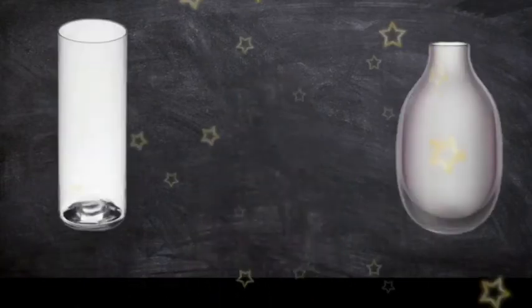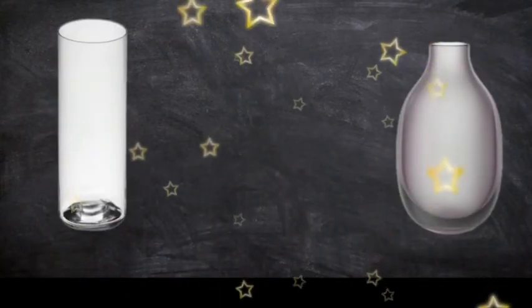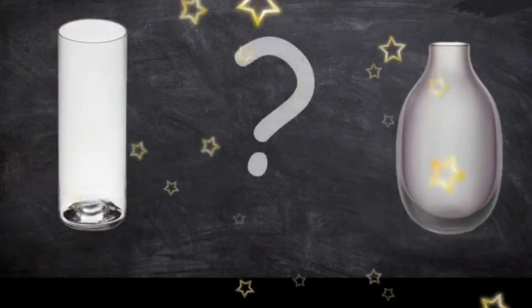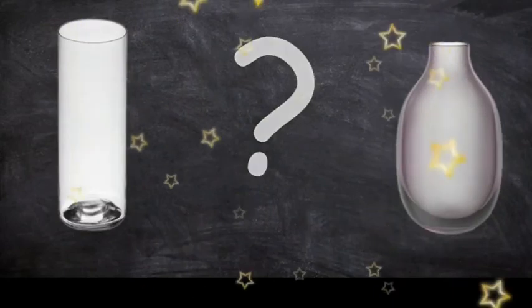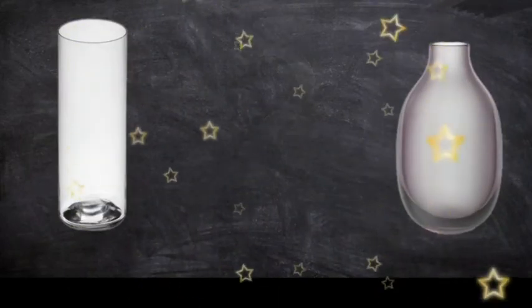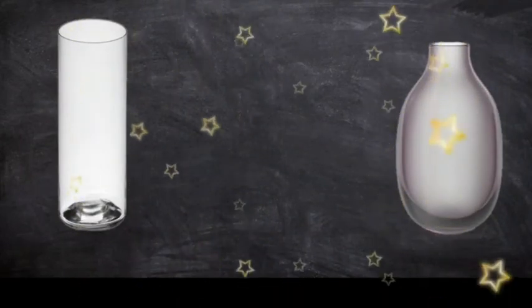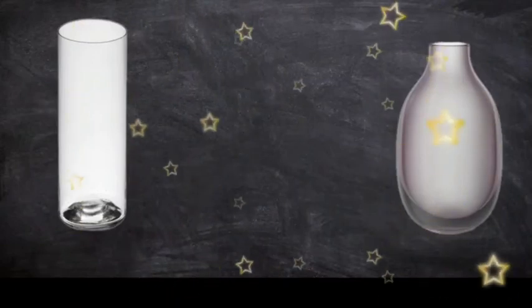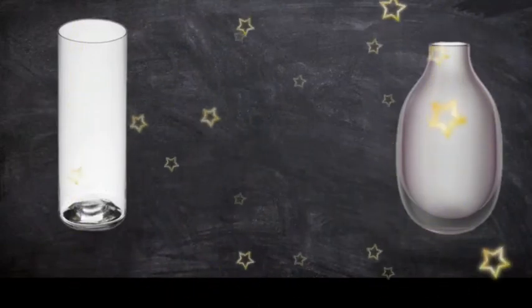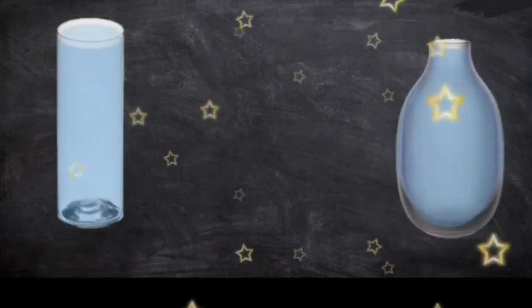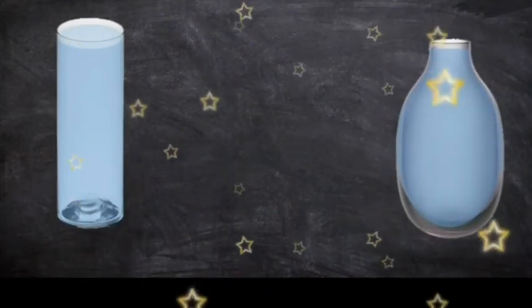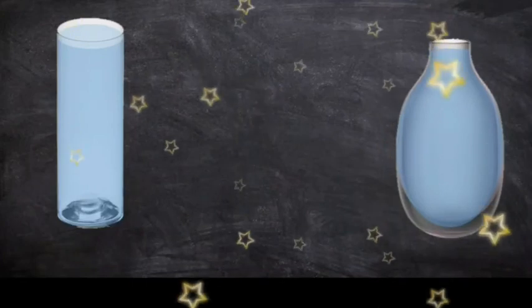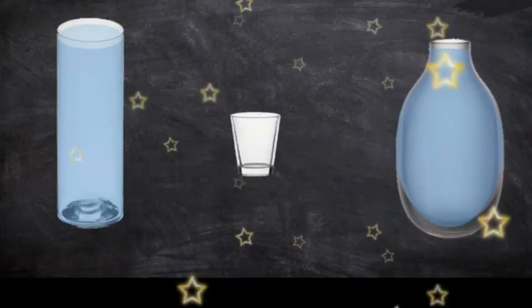Test to see which container has the greater capacity. Before we start, can you make a prediction, which means have a guess, as to which container has the greatest capacity and holds the most amount of liquid? Let's test it out. Let's fill both of these containers right up to the top. I'm going to see how many times each container fills up this small glass and then compare the two.